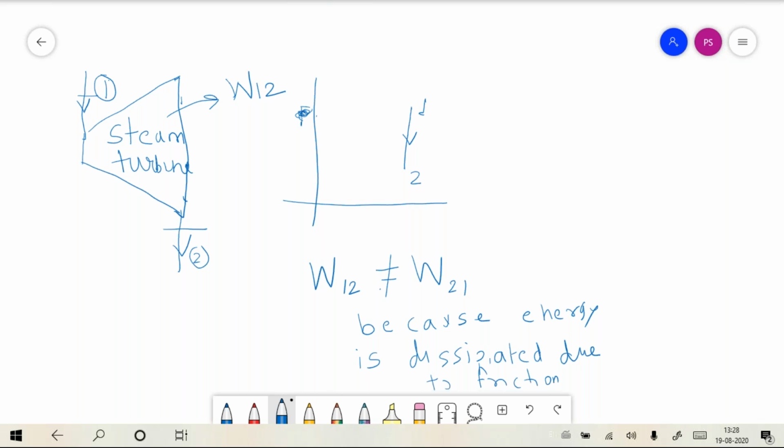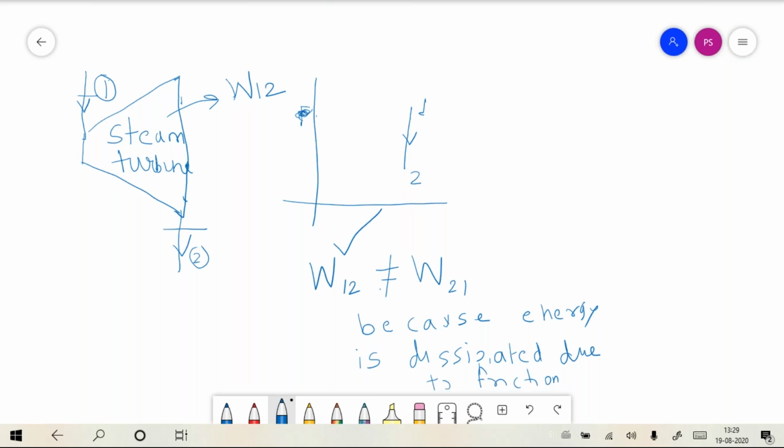When you are expanding that steam from a state 1 to state 2 extremely slowly, however, there is some friction. So when you are getting an expansion from 1 to 2, because this is a steam turbine and a steam turbine is a power producing device, you would get certain work which is W12.